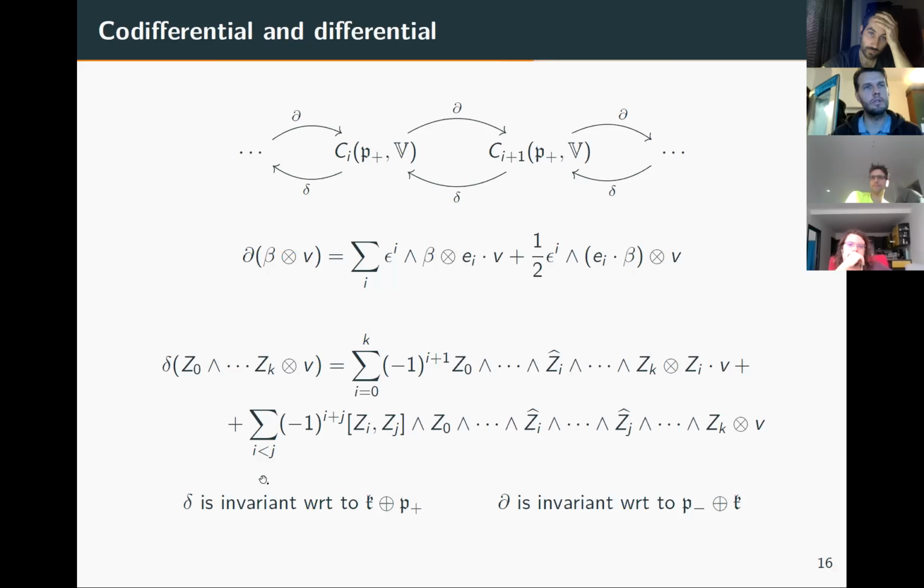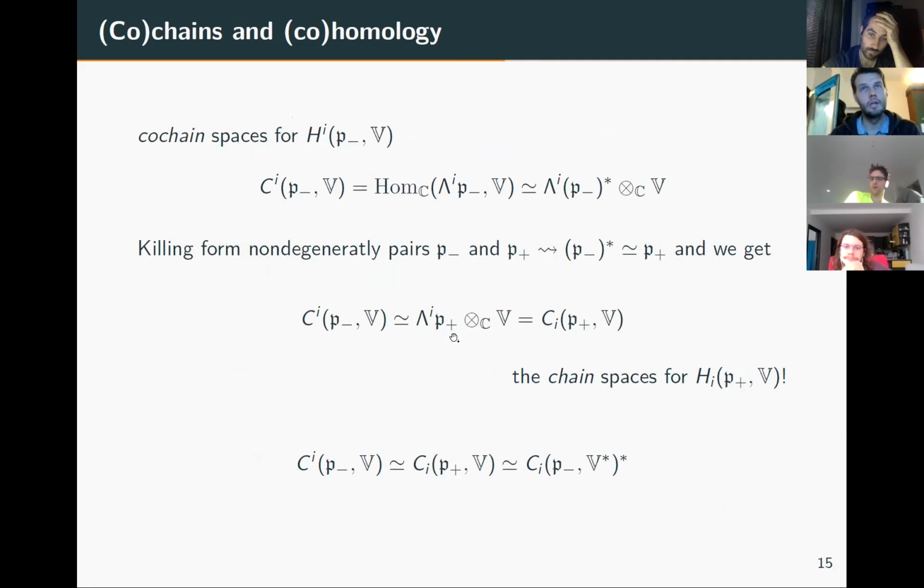Why is this important? It is important because let's say we want to use this differential to build some subbundles. I mentioned that the tangent space is isomorphic to the bundle associated to G mod P. So G mod P is isomorphic to P minus. That just follows from the triangular decomposition.